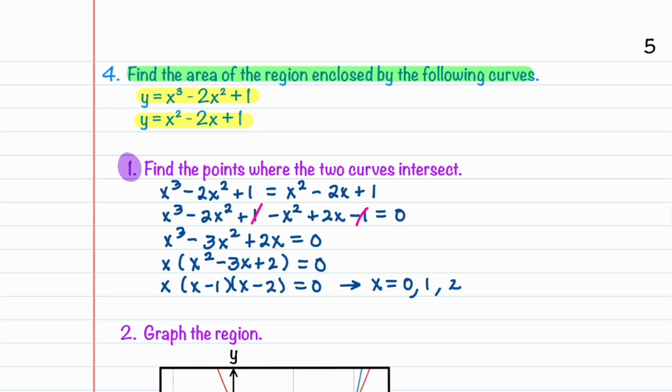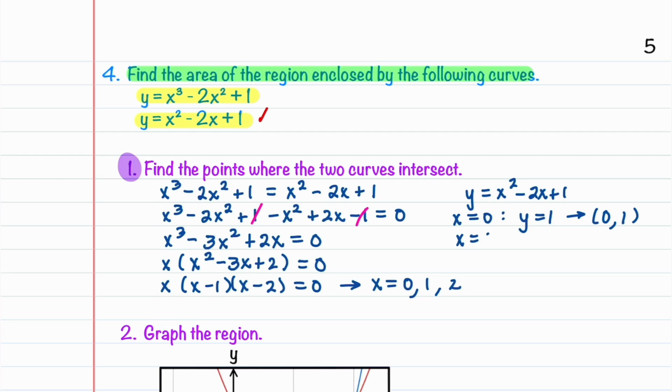Now we need to find the y value that corresponds to these x values. To do that, we have to pick one of our curves. I'm going to choose the quadratic one because it's easier. So let's write down y is equal to x squared minus 2x plus 1. When x is equal to 0, y is equal to 1, and this gives us the point 0, 1.